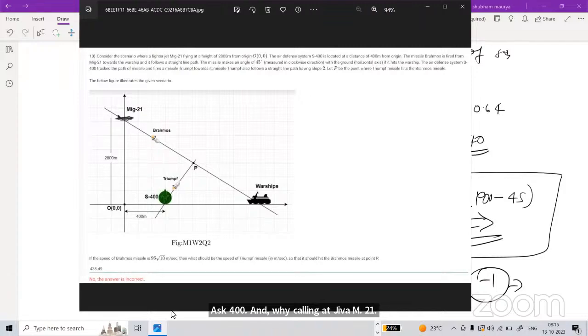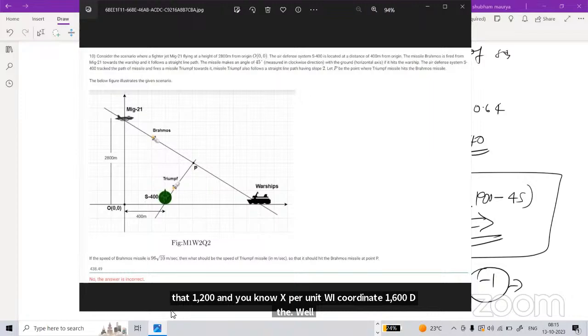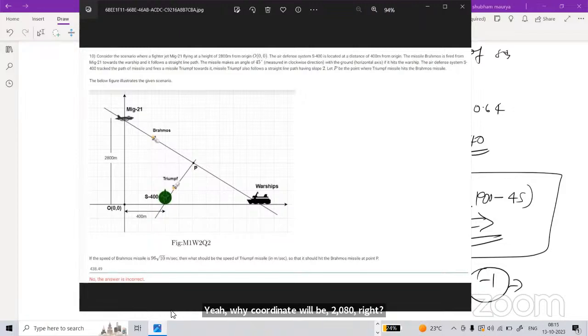Then with the two points and the slope of the line, the x coordinate 1200 and y coordinate 1600, we find the y coordinate for point P. So I think there is only one method to solve.